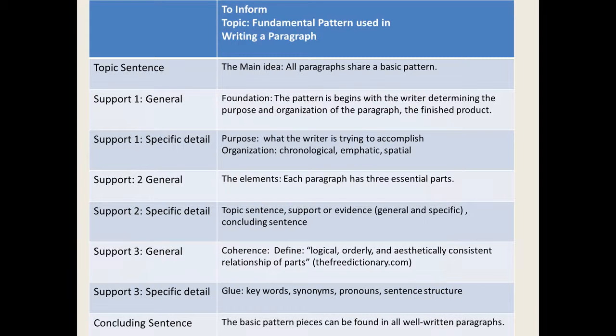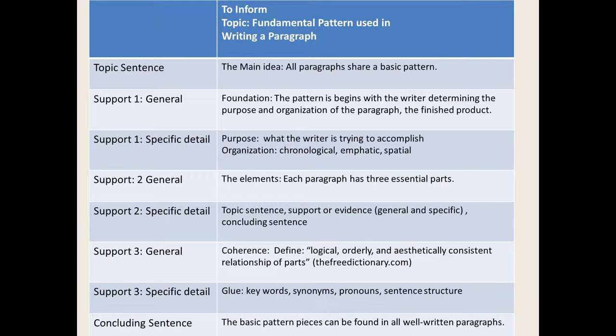Every paragraph has these basic components. My purpose was to inform you about the fundamental pattern used in writing a paragraph. All paragraphs share a basic pattern. First, there is a foundation. That foundation is the purpose and the organization. There are particular elements: the topic sentence, the evidence, and the concluding statement.